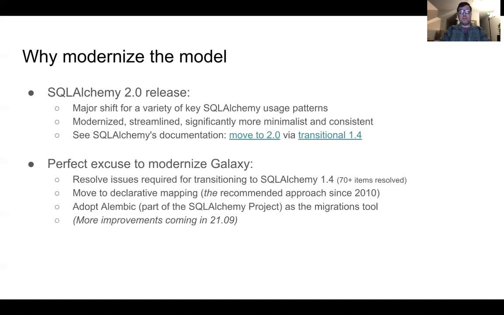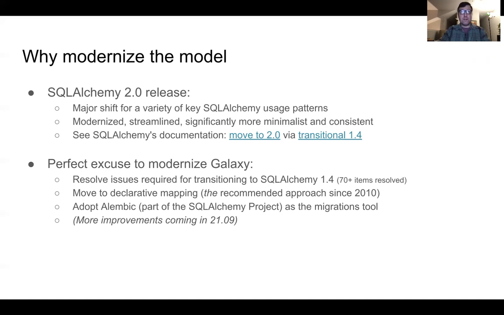The other reason that triggered the move to modernize Galaxy's data model is SQL Alchemy's transition to its upcoming 2.0 release. This release is a major shift for a variety of SQL Alchemy usage patterns left over from its early development period under Python 2.3, a time when there were no context managers, function decorators, and many other language features that exist in modern Python.